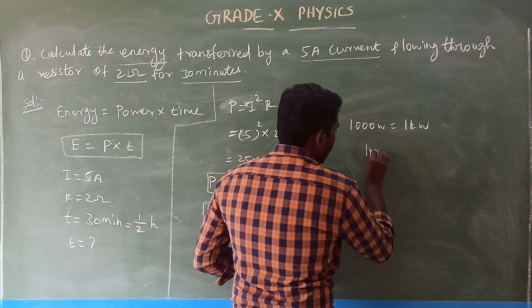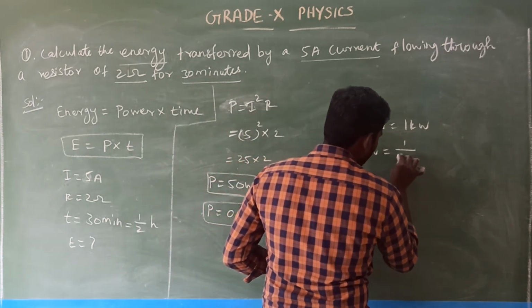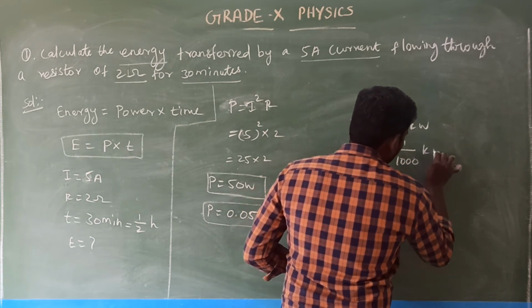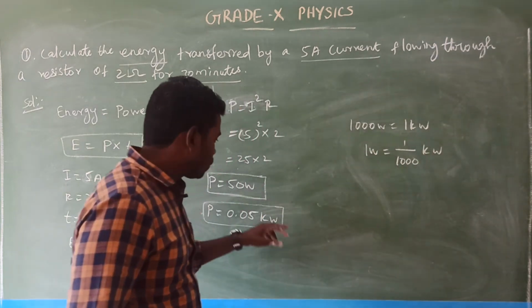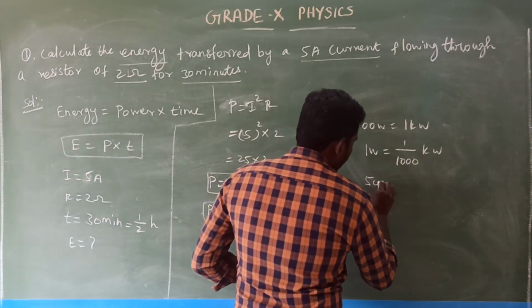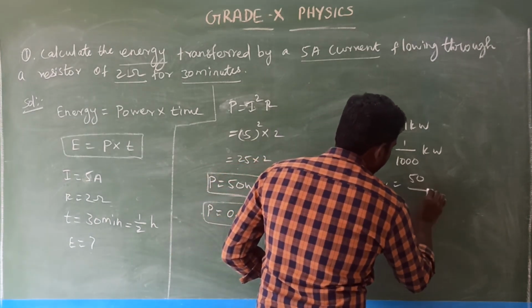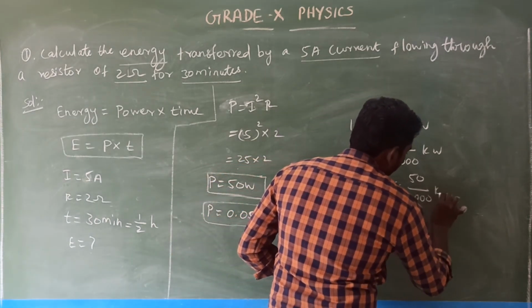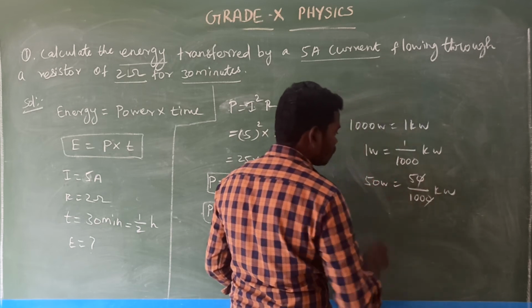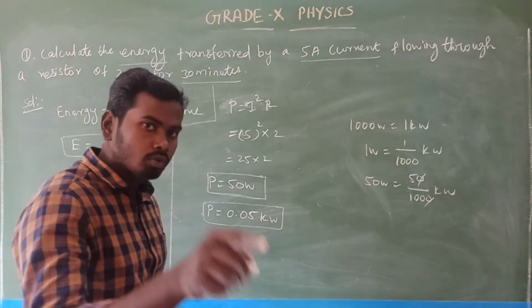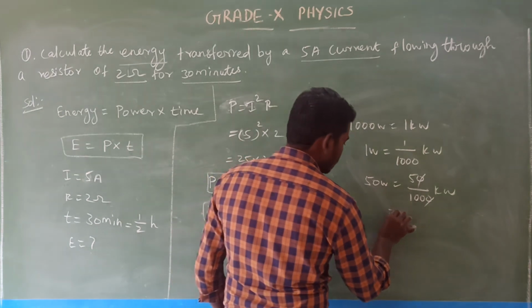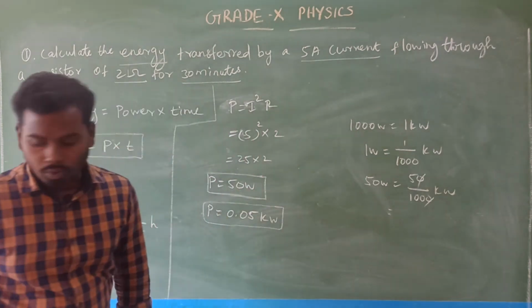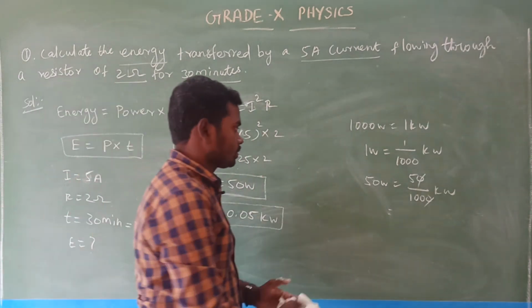So 1 watt is equal to 1/1000 kilowatt. So 50 watt is equal to 50 divided by 1000 kilowatt. Cancel the zero, so 5/100 is equal to 0.05. Am I right? Yes, that is equal to 0.05 kilowatt.